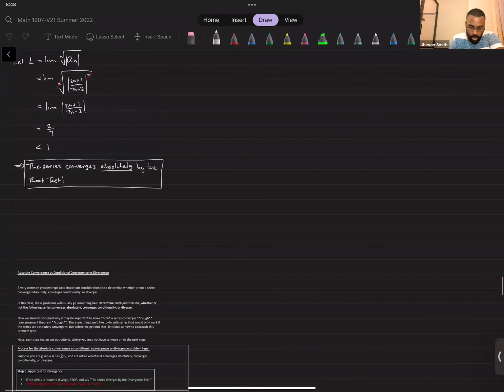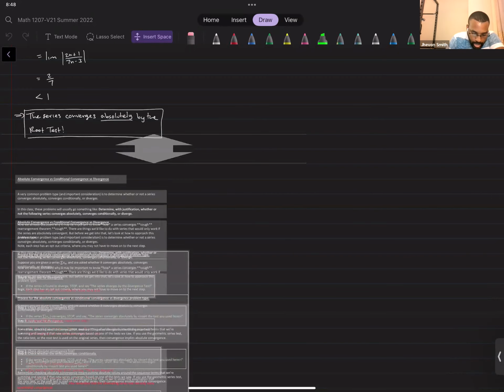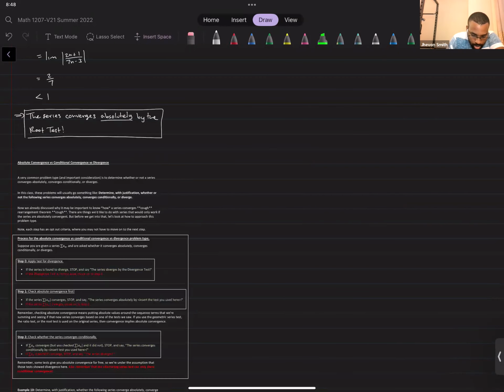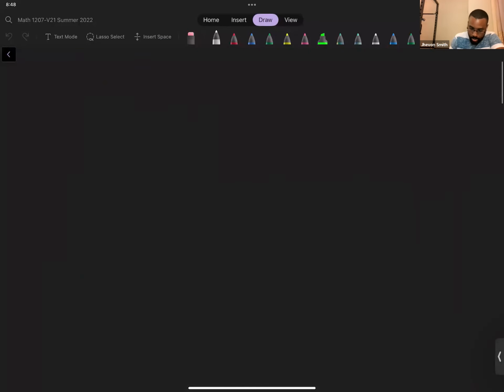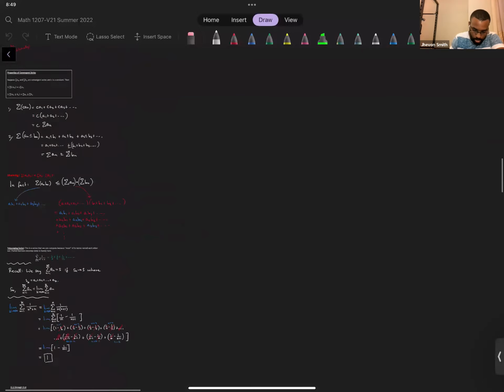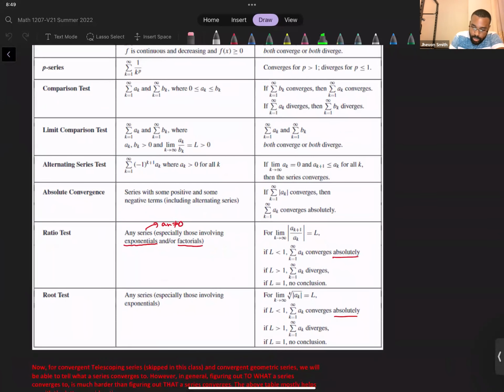All right. So there's one other concept I want to talk about. Technically in that table that I gave you guys yesterday, there are like 10 tests, 10 rows. But one is actually just mentioning what absolute convergence is, which I can just give you in a definition. But an important problem type that I'm going to ask, did I put this as a bonus problem? I think maybe I did.